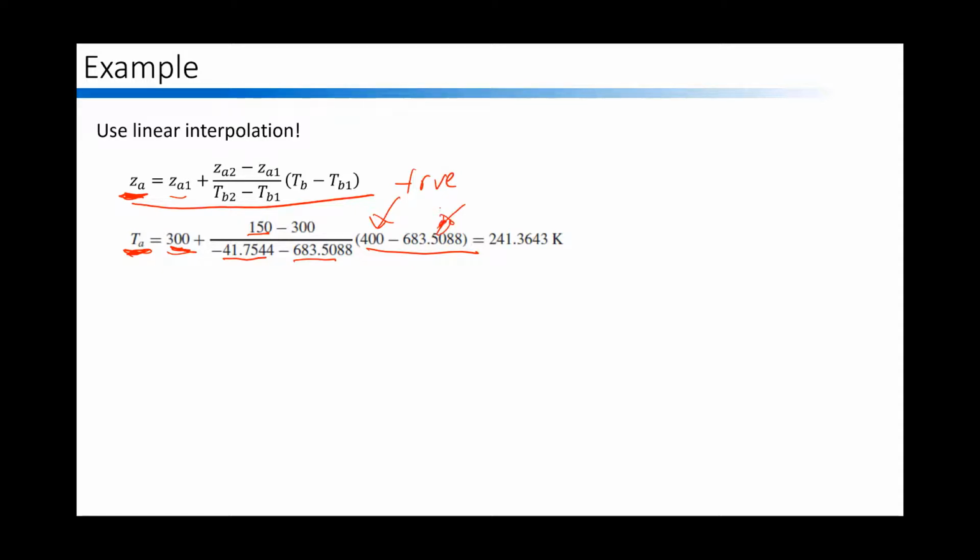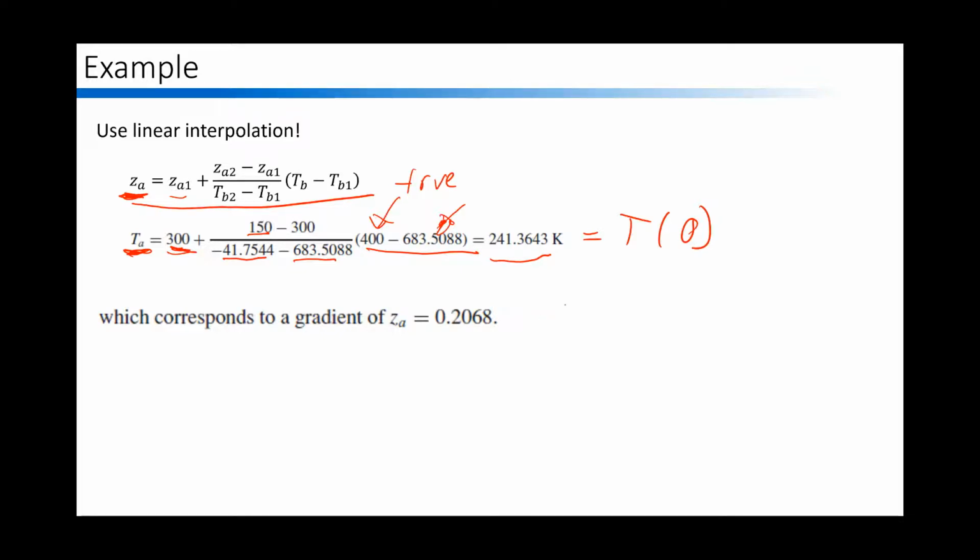If I do this all out, I find that the appropriate TA to start with is 241.3 Kelvin. So this is my T0. Now I can plug T0 into my Neumann boundary condition and solve out for zA1.